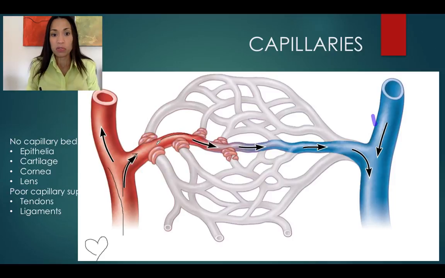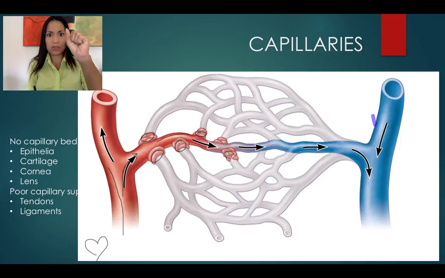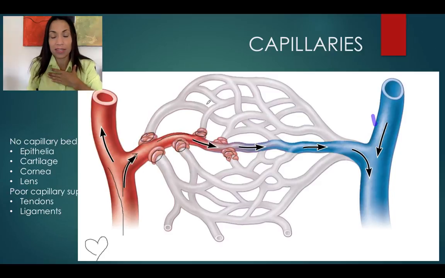So the capillary bed in my quadricep muscle is like that now. We have some ribbons of smooth muscle tissue that form sphincters or valves that regulate, or they can close and open the flow of blood towards these capillary beds depending on the demands of the body.